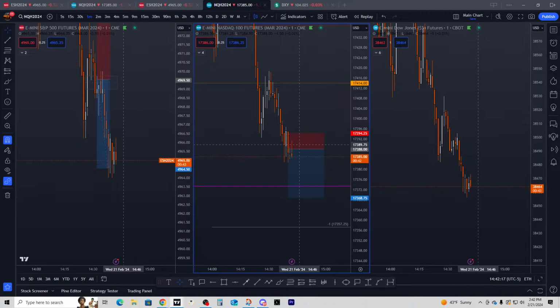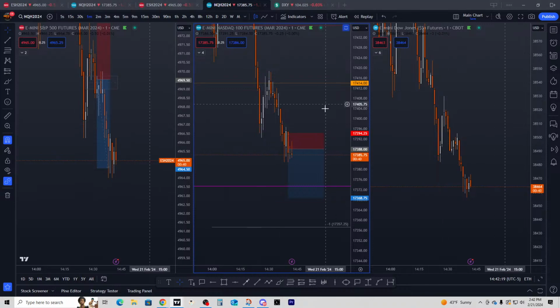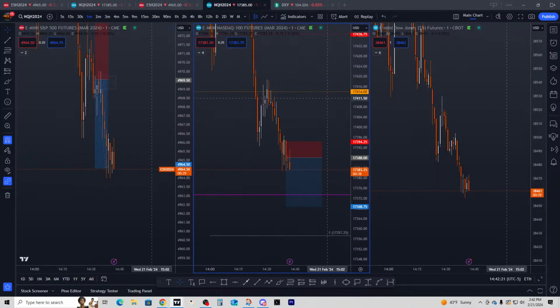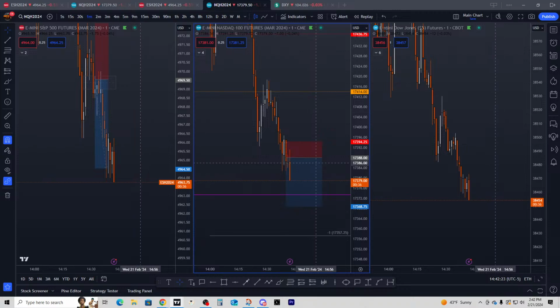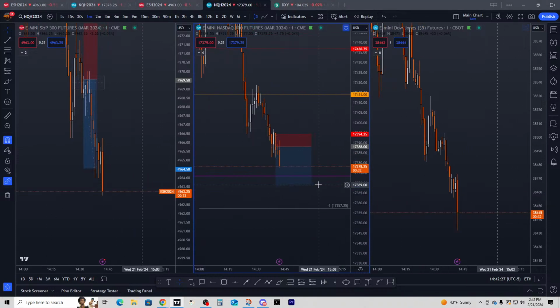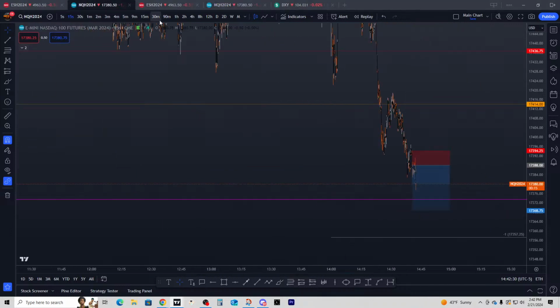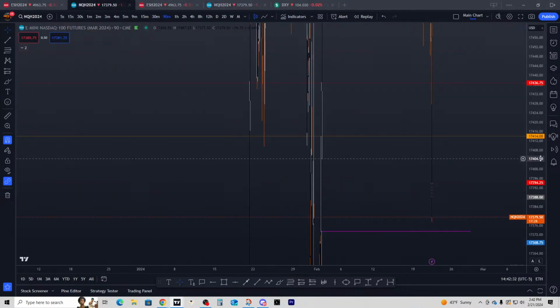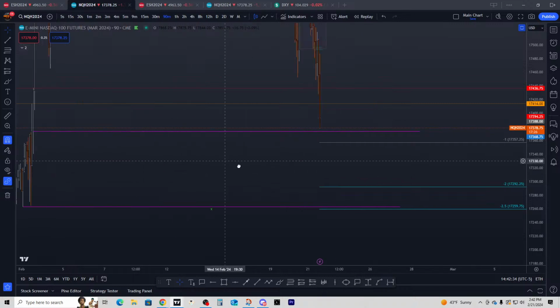Because on the micro, we did hit the low on the micro. So I wonder if we're gonna hit that -1 standard deviation or not, on that 15 second inversion, you know?